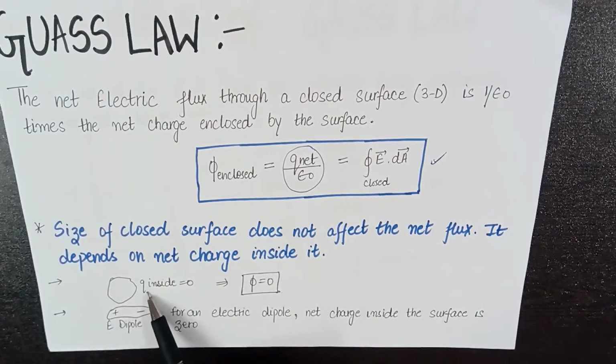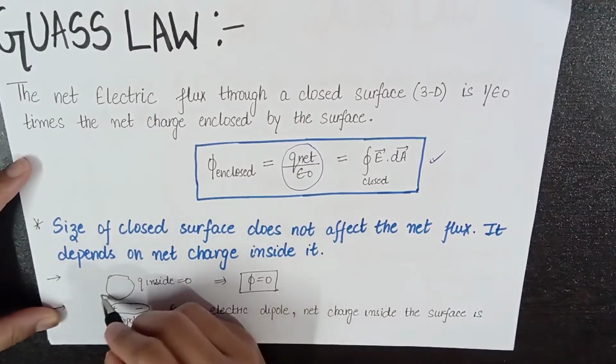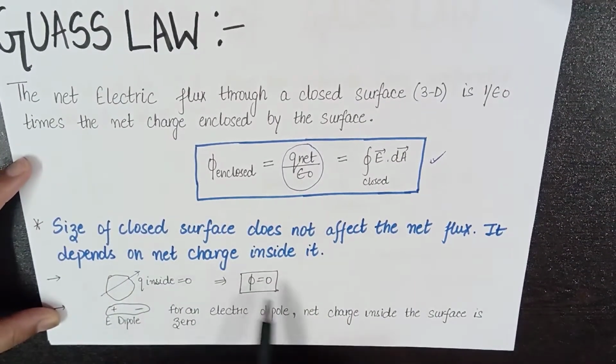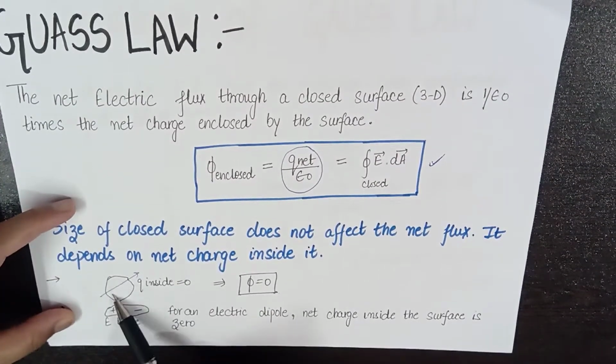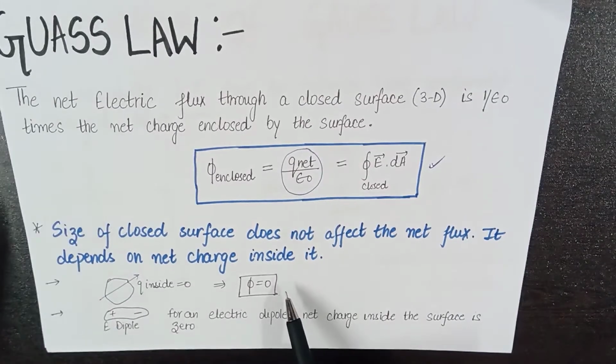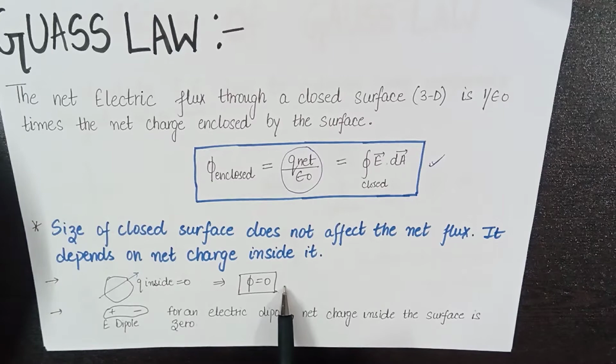So if we consider the case here, if you want to calculate the flux through this area, the flux will be equal to 0. Why is it so? Because there is no net charge enclosed in this surface. No charge means no flux. If charge is equal to 0, then flux will also be equal to 0.